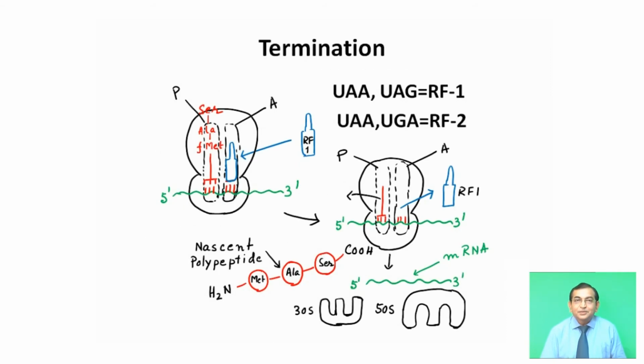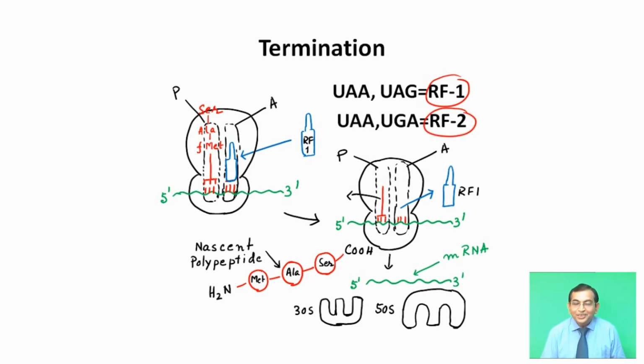The last stage of protein synthesis is termination. Now, this termination process is initiated by the termination codons UAA and UAG, which are recognized by release factor 1, and UAA and UGA, these two termination codons are recognized by release factor 2.